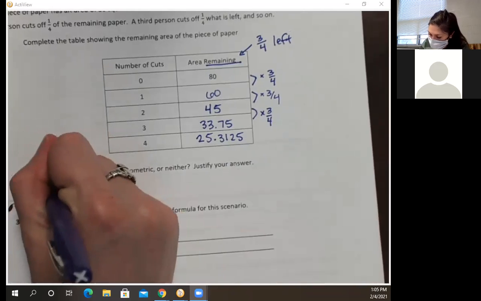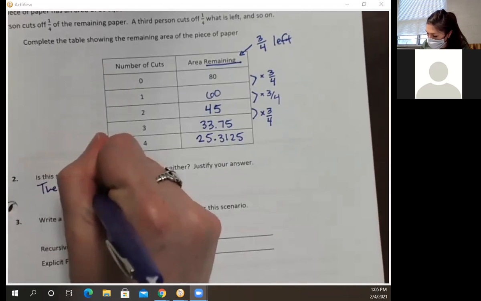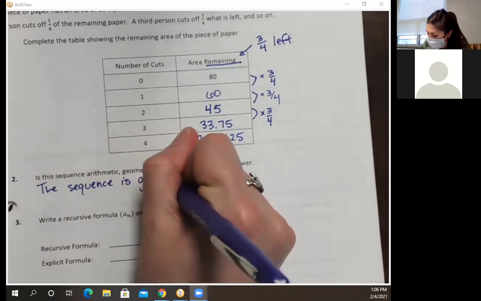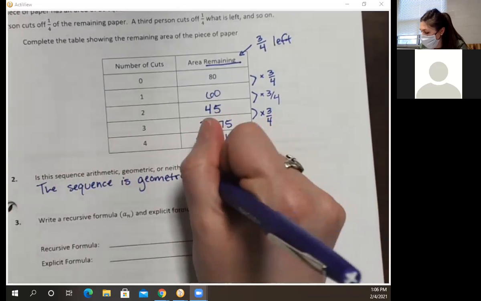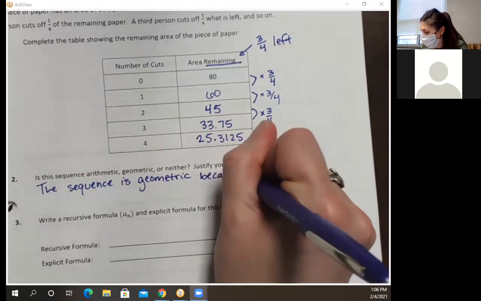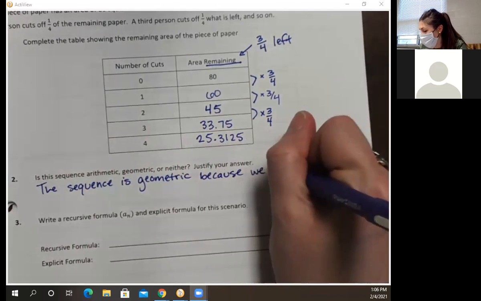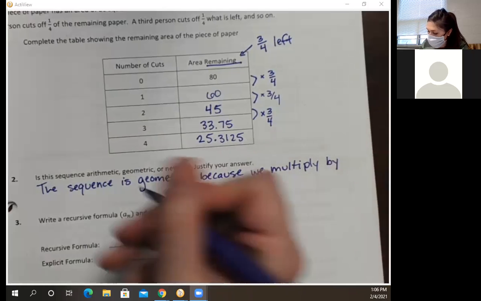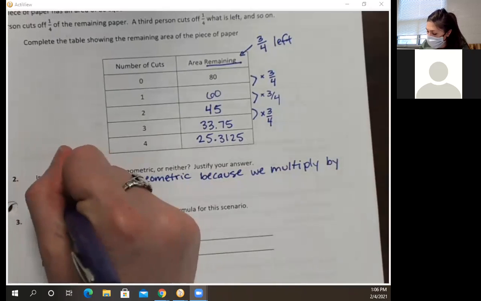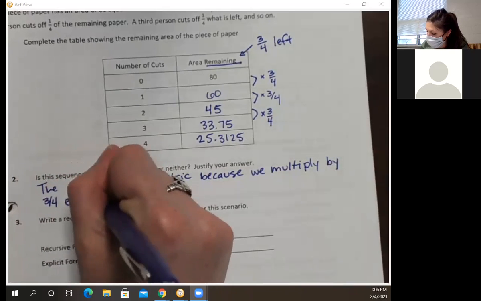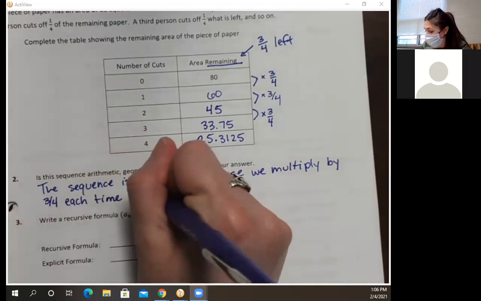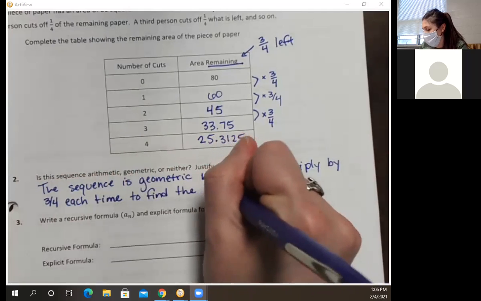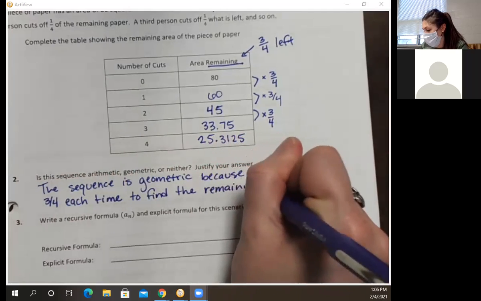The sequence is geometric because we multiply by 3/4 each time to find the remaining area.